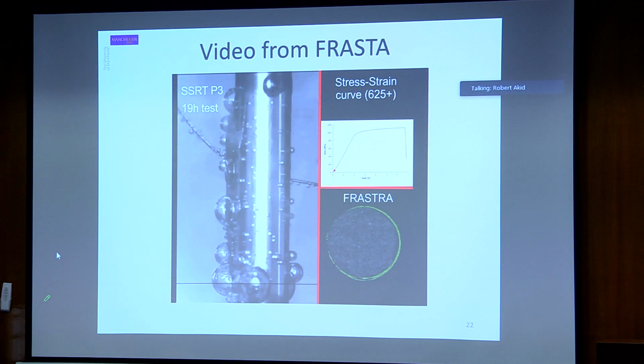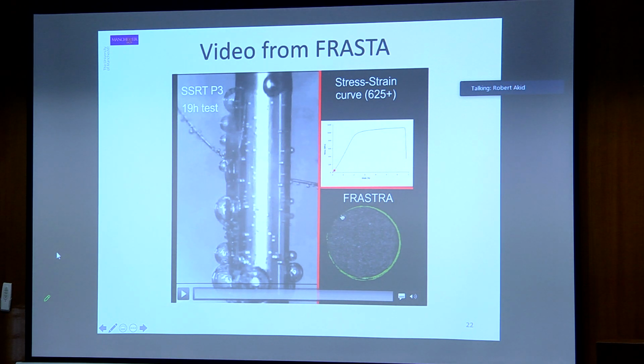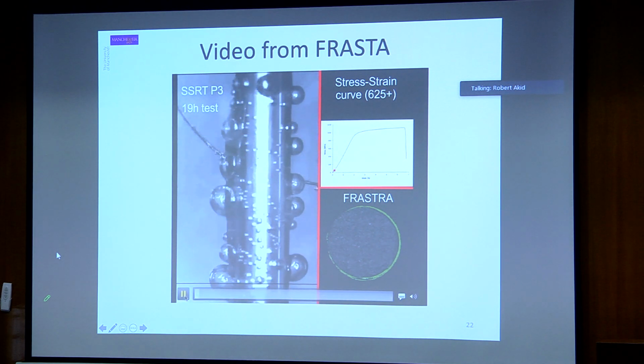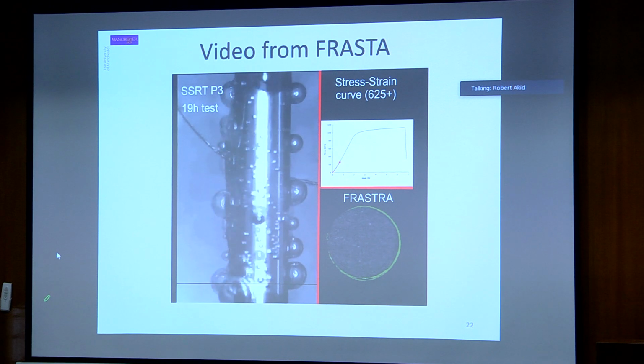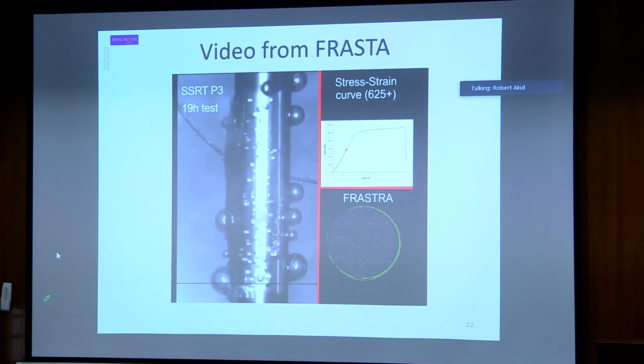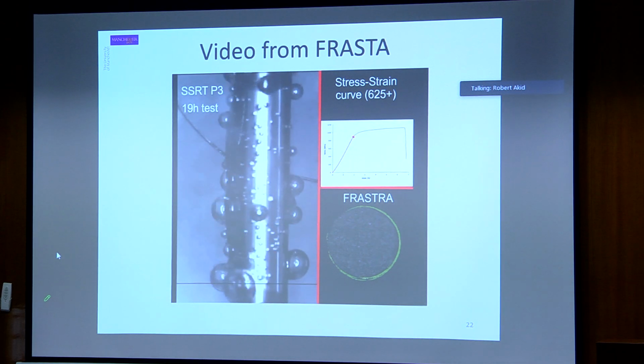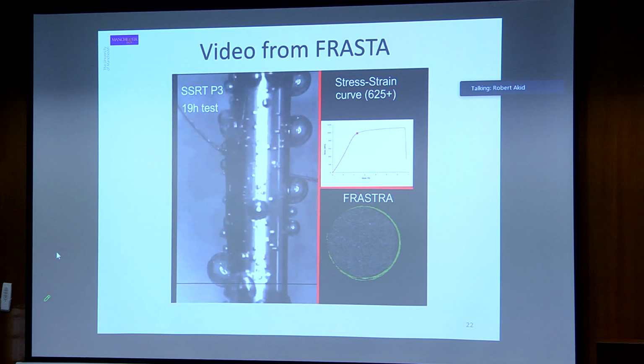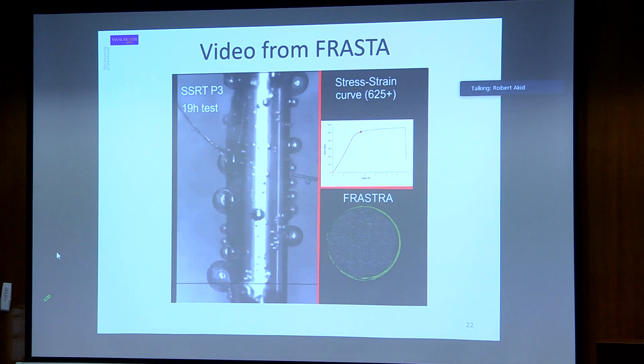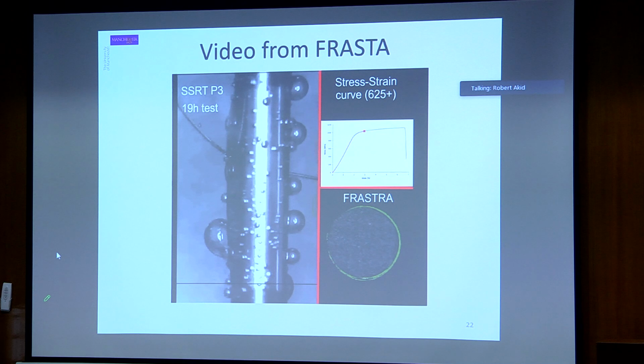Initially you see around the edge a green circle, that's just an artifact of this, but we have an area at about 10 o'clock where the sample is exposed, and you'll see that with the stress strain curve we're increasing the stress, and we see no activity in the FRASTA map, which is suggesting there's no damage occurring as yet.